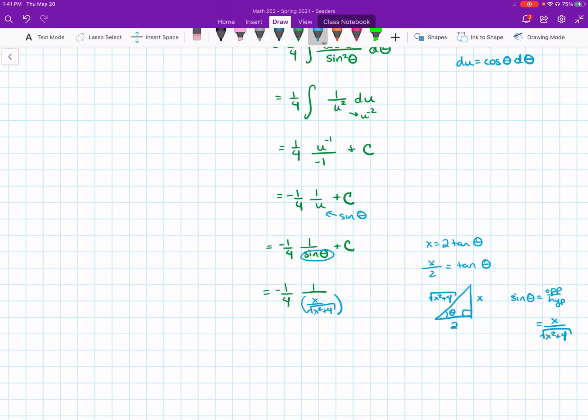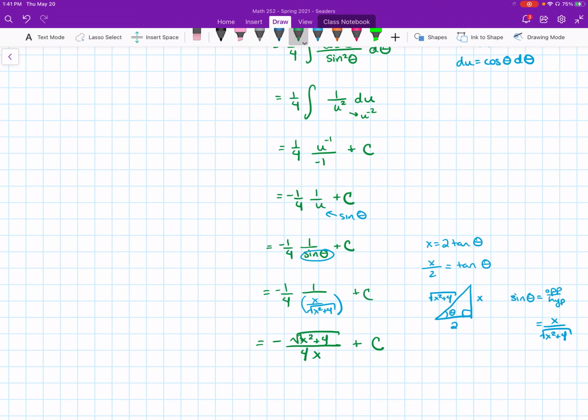When I divide by a fraction, I multiply by the reciprocal. So I get -1/4, square root of x squared plus 4 goes in the top, x goes in the bottom. And I still have a plus c.